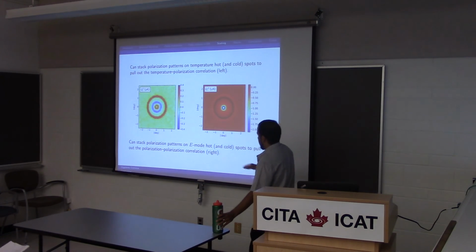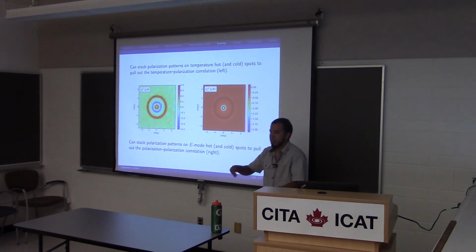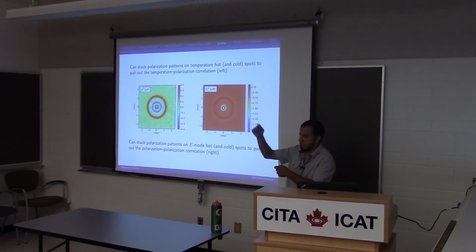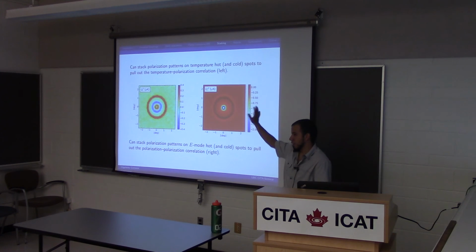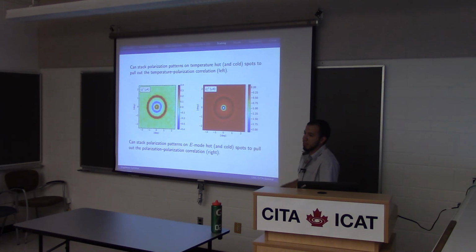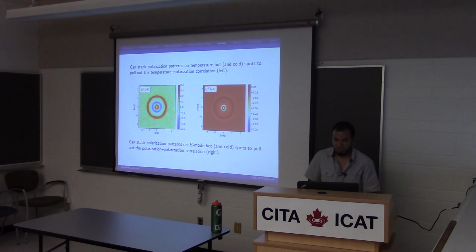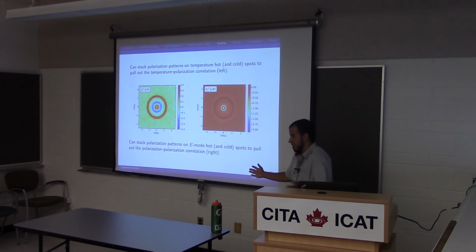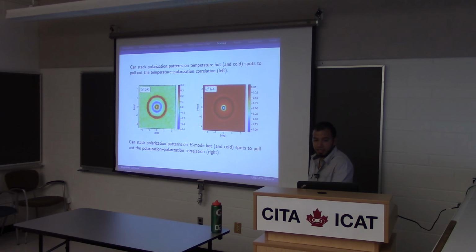And these rings are exactly related to the peaks and troughs of the power spectrum themselves. There's no magic here. It's just the map space version of the harmonic power spectrum that I showed before. So anything I can do in harmonic space, I can do in map space. There's nothing new here.